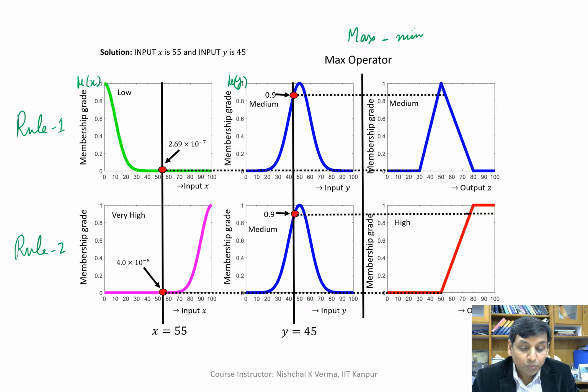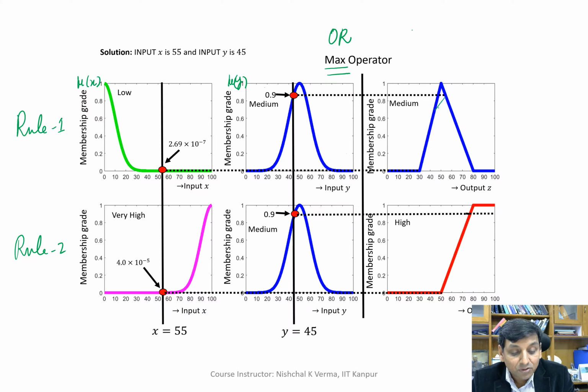since we have the connective OR, please understand, we have the OR connective. So for the OR connective, we use max instead of min. That's why we are taking the max of 2.69 into 10 raised to power minus 7 and 0.9.